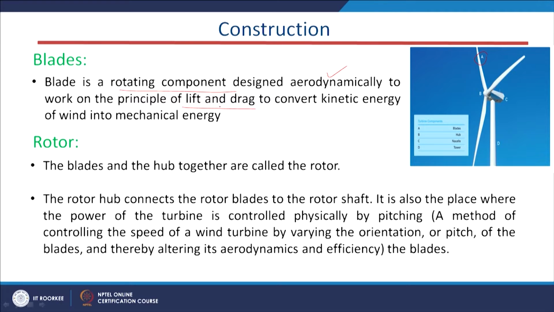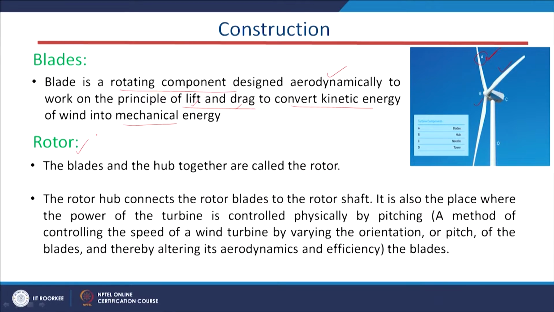This is important, drag, to convert the kinetic energy into mechanical energy. If you see this figure, these three blades are responsible; this particular blade is designed to convert the kinetic energy present in wind to mechanical energy.